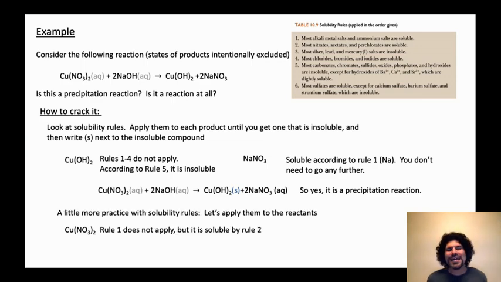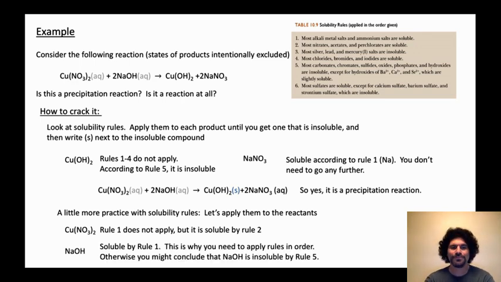And just for a little more practice with the solubility rules, you don't have to do this when you're solving this particular problem, but let's go through these solubility rules and apply them to the reactants because there are a couple more chemicals that we have on this slide. So what about copper nitrate? Well, rule 1 does not apply because the cation is not from group 1, but group 2 nitrates are soluble, so therefore it is soluble by rule 2.